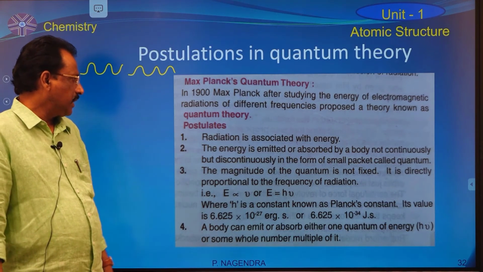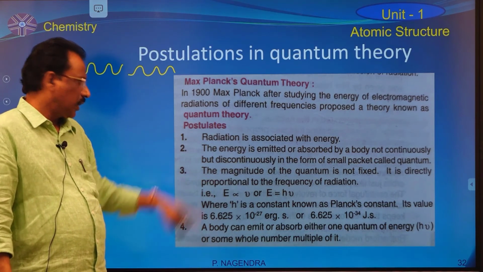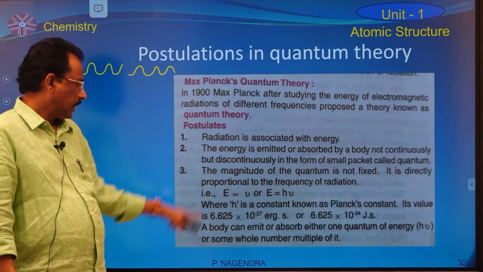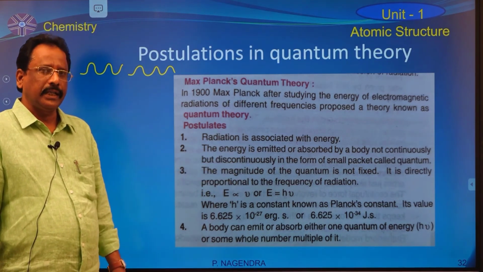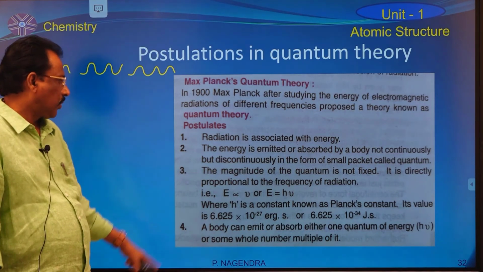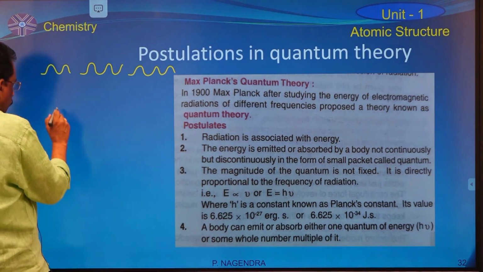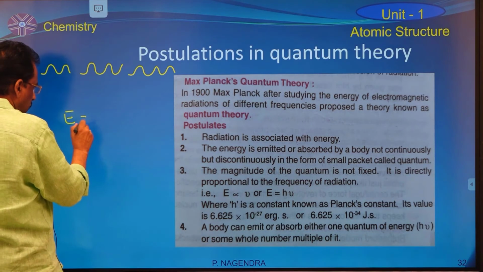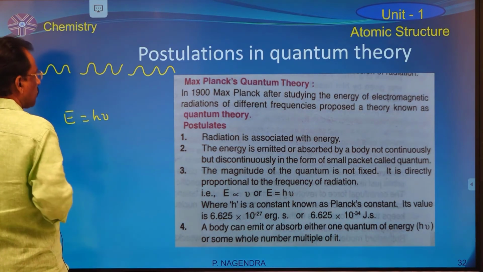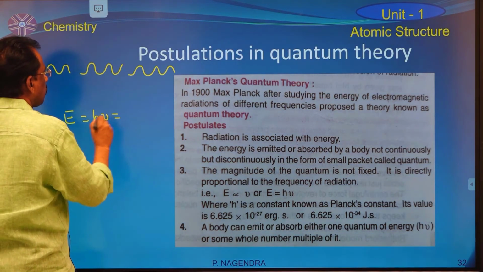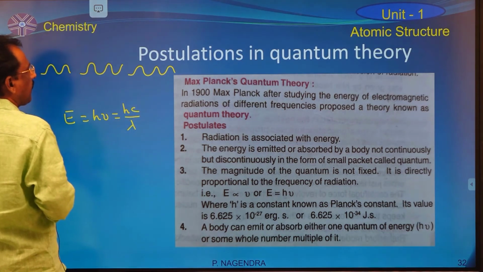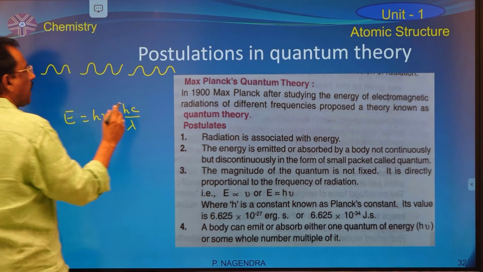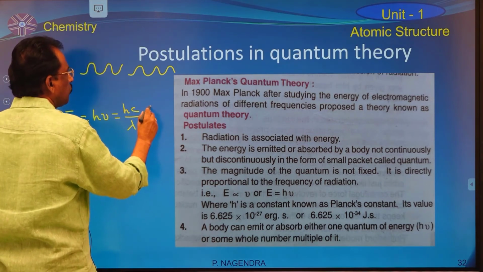And the third assumption is that the energy of the quantum is directly proportional to the frequency of the radiation. Therefore, E is equal to h nu. So this is known as the quantum equation. But nu is equal to c by lambda, so E is equal to hc by lambda. But 1 by lambda is nothing but nu bar.